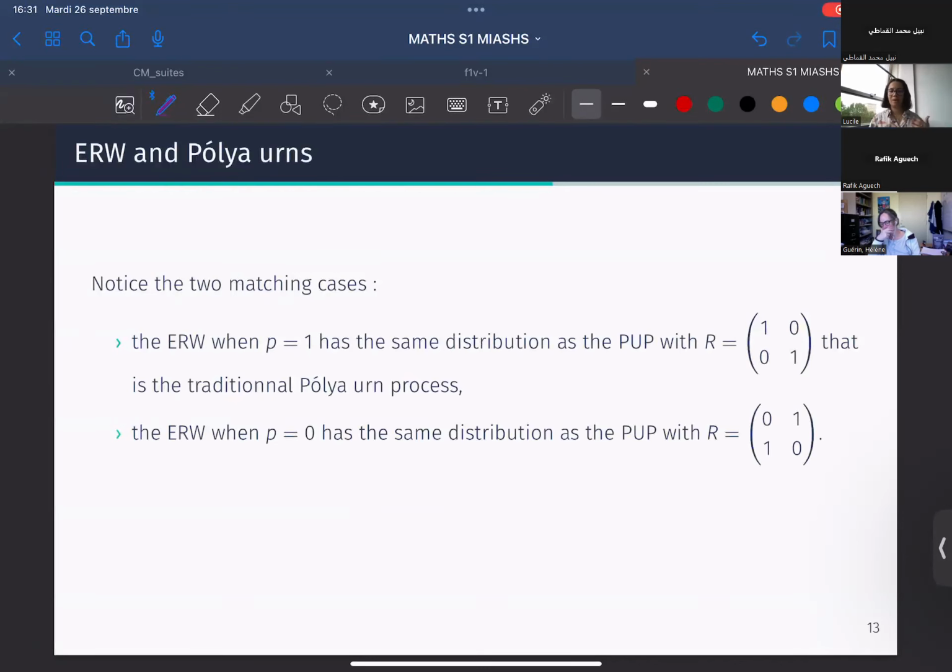Then the Pólya urn process, as I introduced just before, where you add a ball of the opposite color whenever you pick a ball, is also the elephant random walk. But the Pólya urn processes that I introduced just before are not enough to model the elephant.